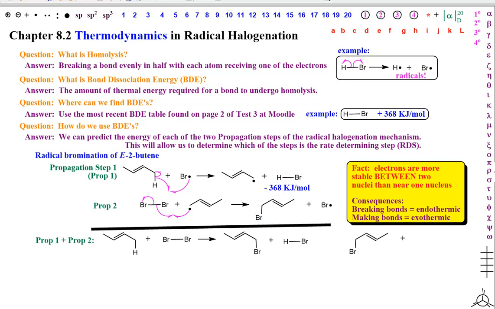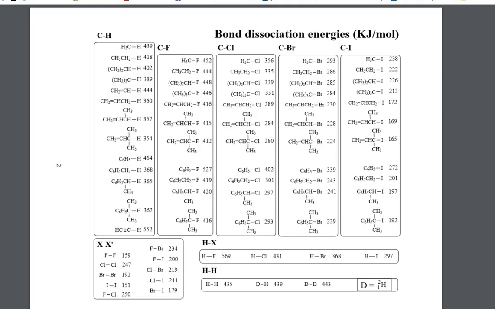and the category is more important than the molecule. This is a primary allylic C-Br bond. There is only one entry on the table for that, and we must find it. Primary allylic carbon bonded to bromine. Let's look. I'm going to run down the CBr column here.